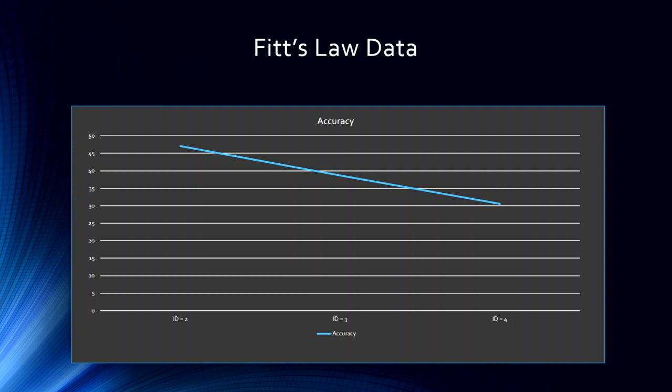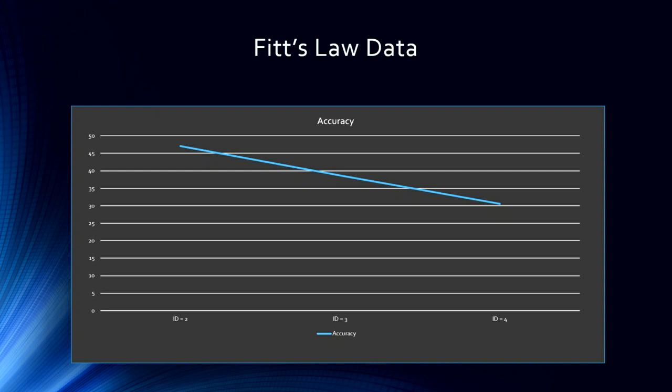And so here we have the accuracy of individuals moving from one location to the other based on the index of difficulty. You can see the accuracy decreases pretty dramatically as the index of difficulty goes up, so accuracy goes down.